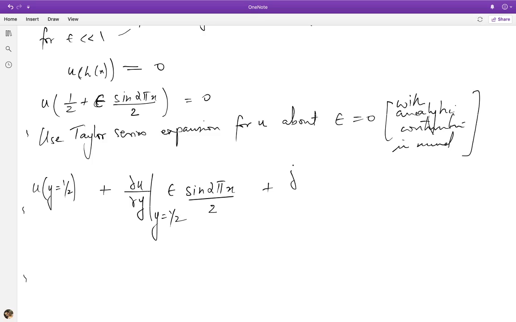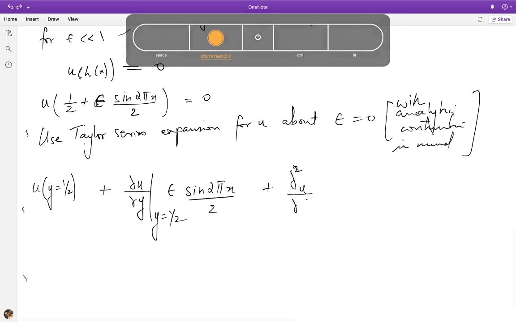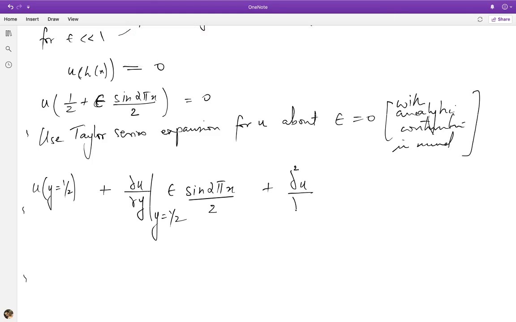And then I can take yet another order. Again evaluated at y equals half, but this time, of course, I have a 1 by 2 factor here, so it's 1 by 2 dou square u by dou y square at y equal to half times epsilon square by 2 square, which is 4, sine square of 2 pi x.